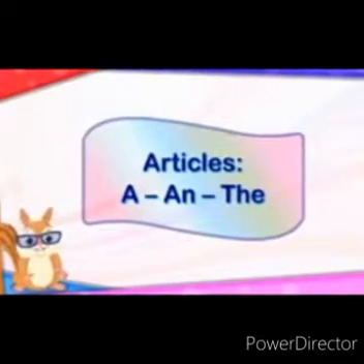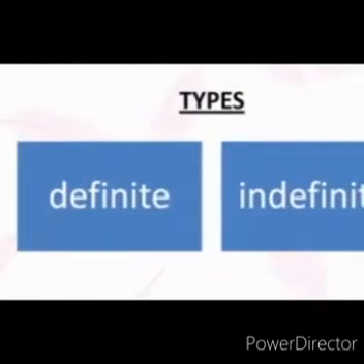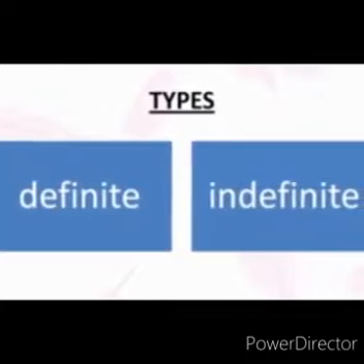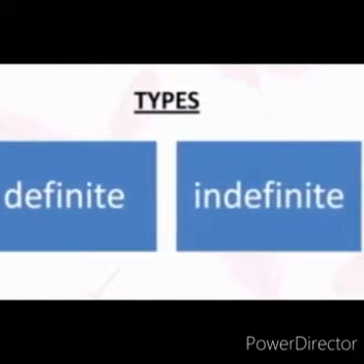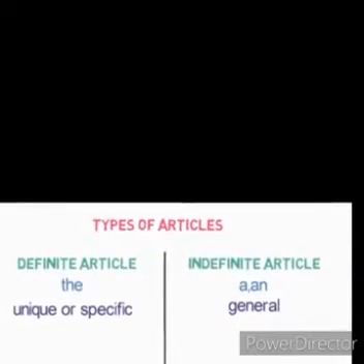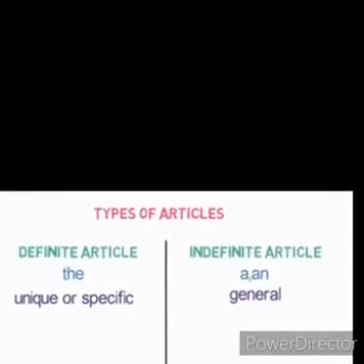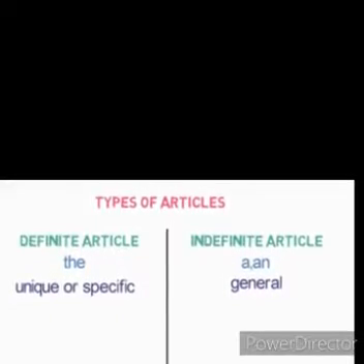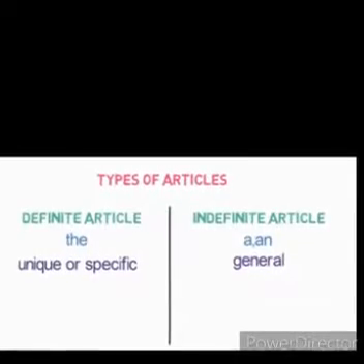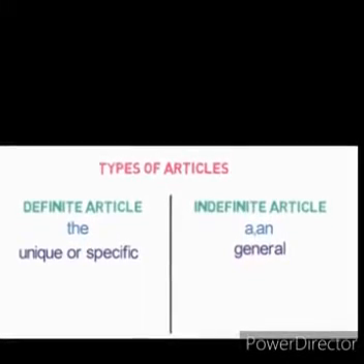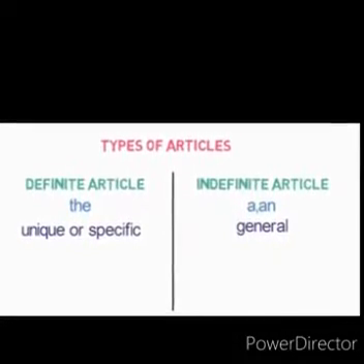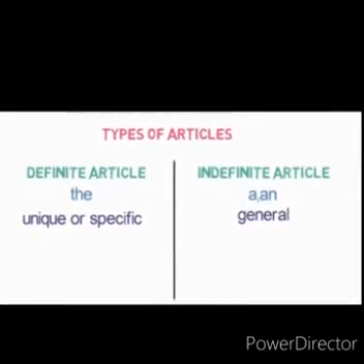So there are two types of articles as per their usage, and that are definite article and indefinite article. Article the is a definite article as it is used in specific sense, and articles a and an are indefinite articles as they are used in general sense.